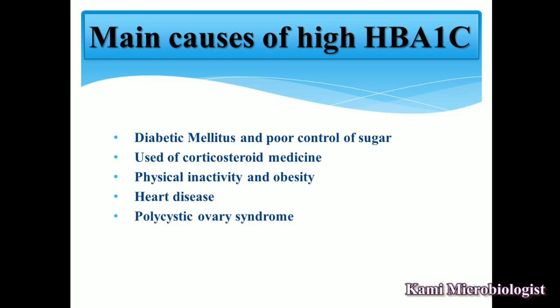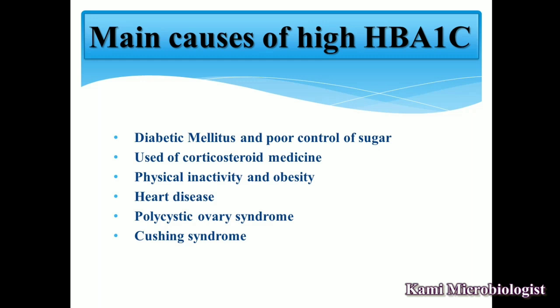Moreover, due to this syndrome the female has a long menstrual cycle, and mostly there will be no fertilization. In this syndrome another hormone, the male hormone we call androgen, will also get high.